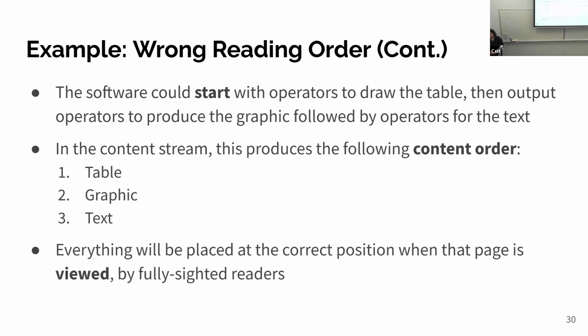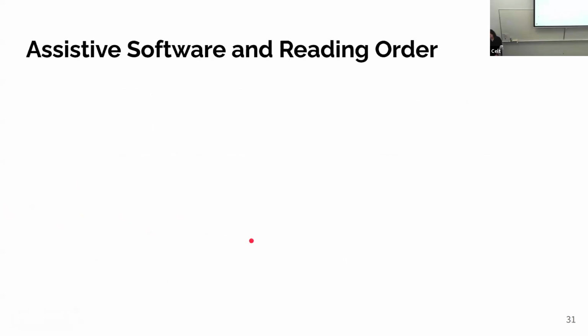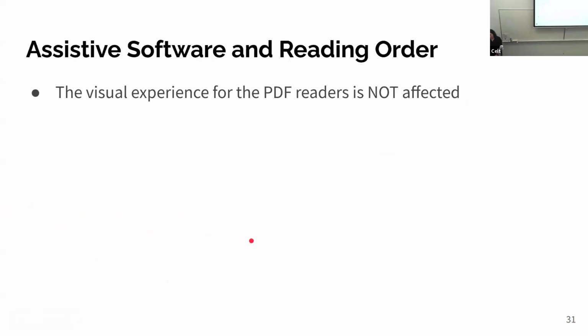Everything, when you're looking at the document, will be placed at the correct position. When you're viewing the page, for fully sighted readers, it's following the original reading order. On the back end, however, this was generated with a different reading order. So the visual experience for the PDF readers is not affected.